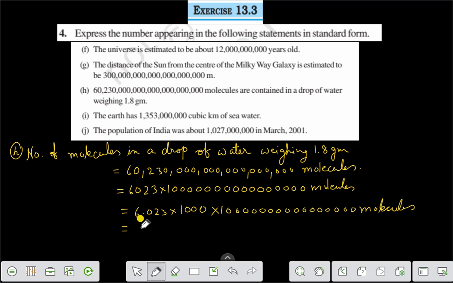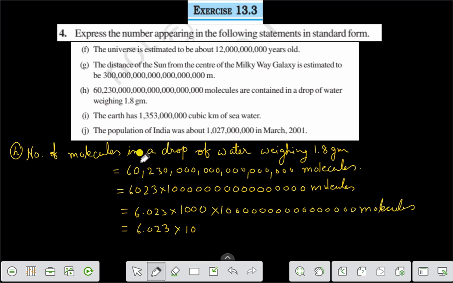That we are getting 6.023 into 10 to the power 16 and 3 zeros, 17, 18 and 19, right?